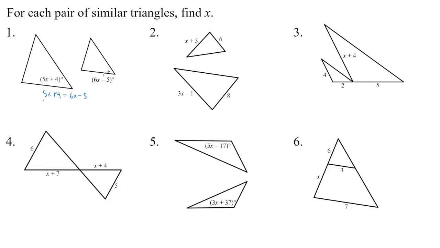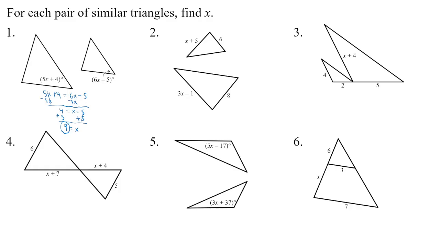So now we solve the equation. We'll start off by subtracting 5x from both sides so that we have 4 equals x minus 5. Then we add 5 to both sides, and you have 9 equals x. The solution is 9.